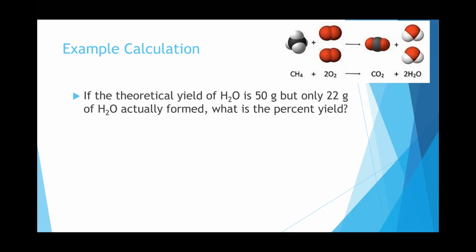So this time the theoretical yield is 50 grams for water, but only 22 grams of water actually formed. What is the percent yield?